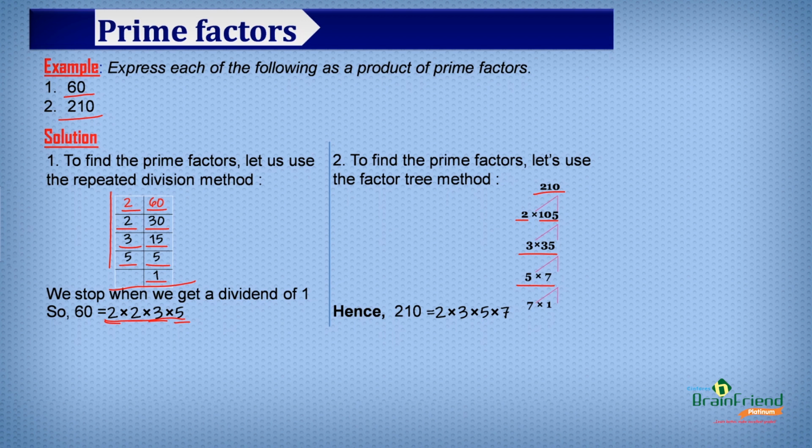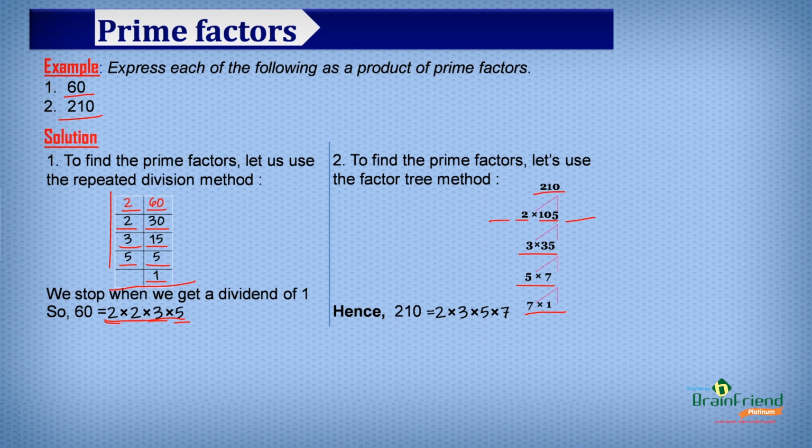Now, 7 can no longer be divided by 5. So we use the next prime number, which is 7 itself. So 7 into 7 gives us 1. So on the last level, we have 7 multiplied by 1. Now, it is also important for you to note, on this factor tree method, you can choose to write the bigger number on the right or on the left.